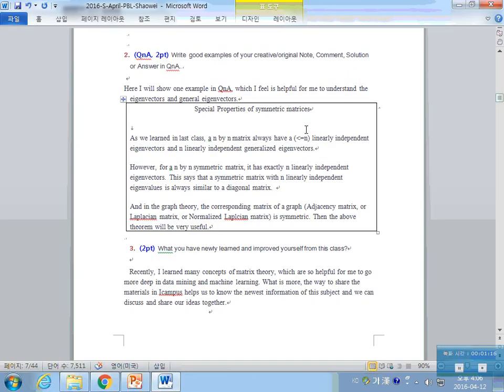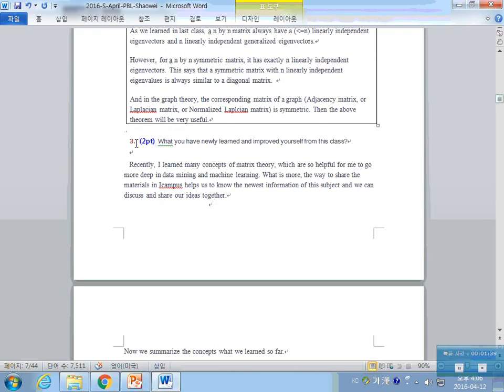As the professor mentioned, not all matrices have n linear independent eigenvectors, but for a symmetric real matrix, we always have n linear independent generalized eigenvectors.